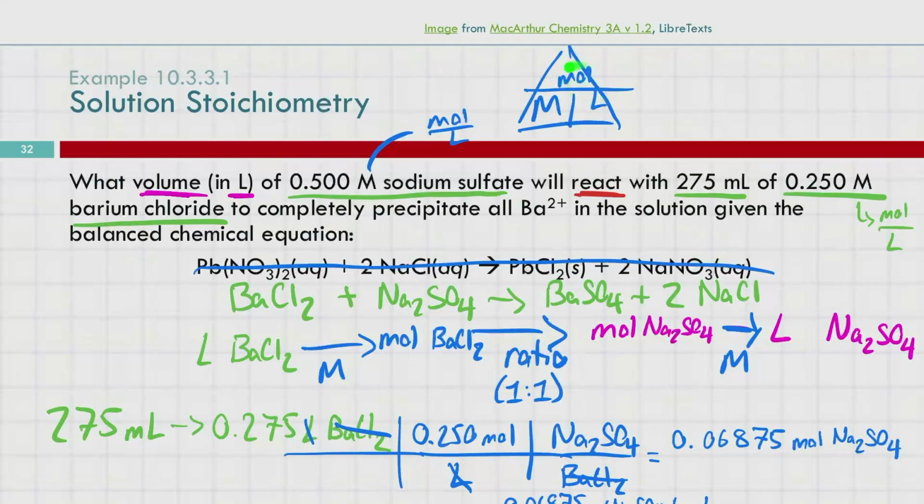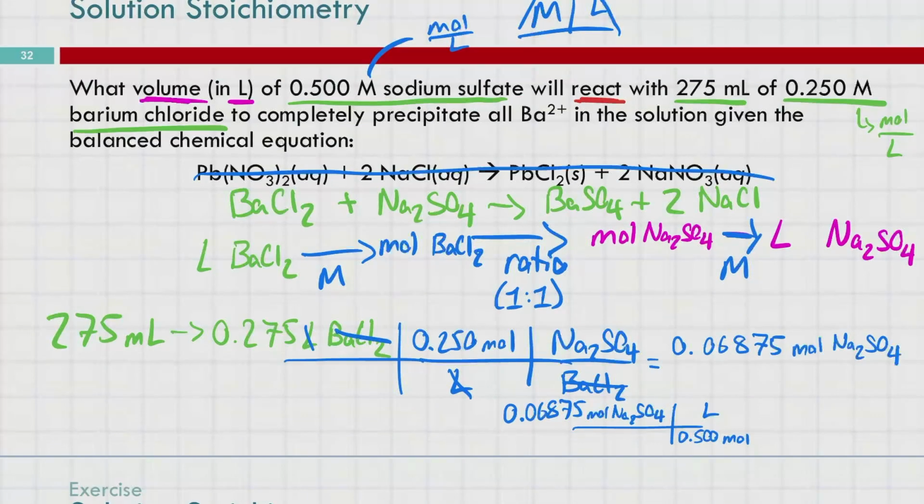So if we're looking for liters, it's moles divided by molarity. That's what we're doing here. And so we're looking for 0.138 liters Na2SO4, sodium sulfate. That's the amount of our solution, the amount of this sodium sulfate that we would react to get all of the barium chloride out as barium sulfate, assuming everything goes perfectly well and everything dissolves perfectly.